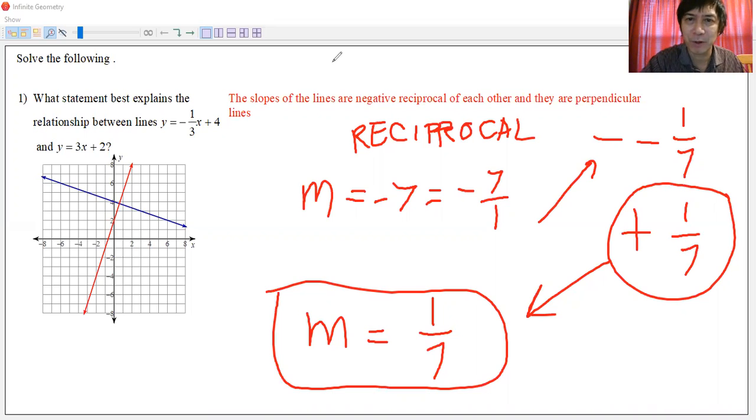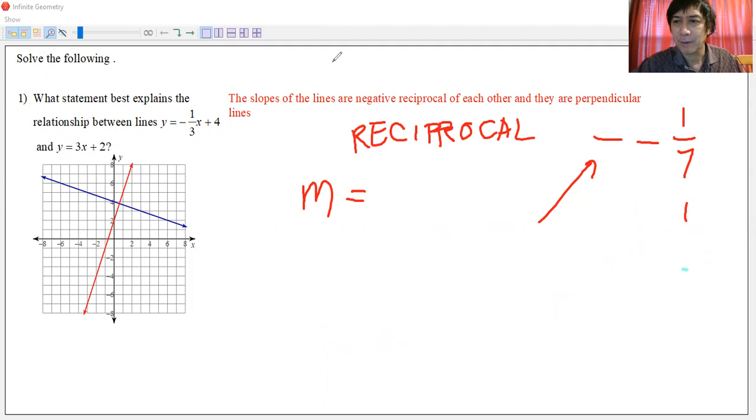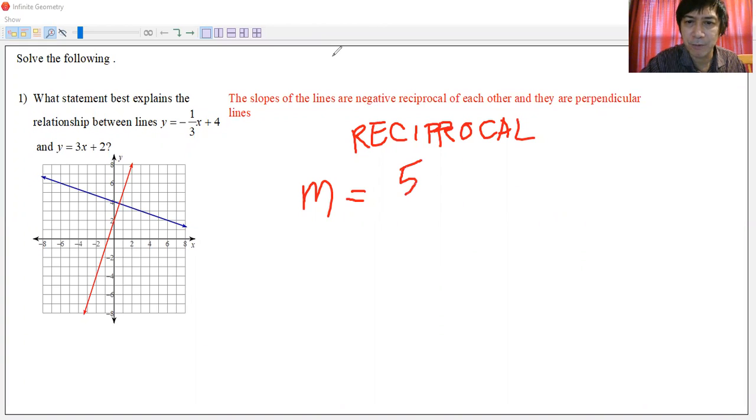Okay. Now let's have one more. Let me clear the screen. All right. Let's say the given slope is 5 over 7. What is the negative reciprocal?